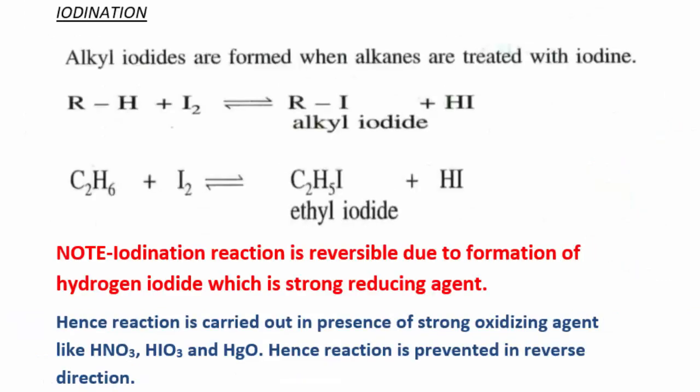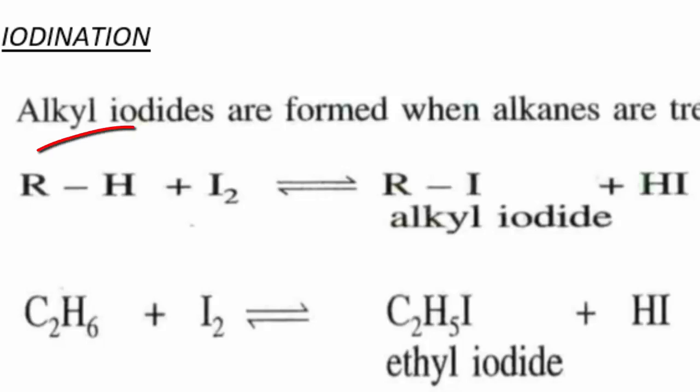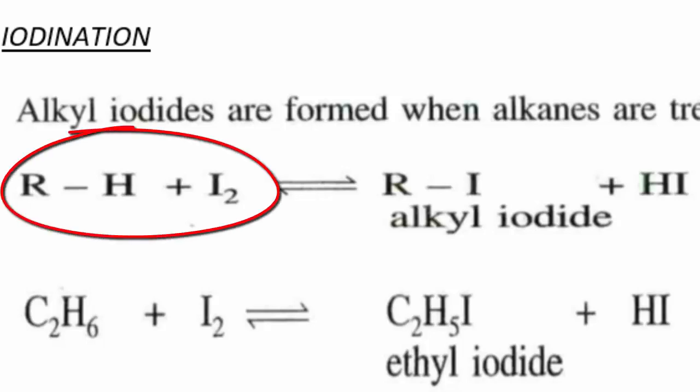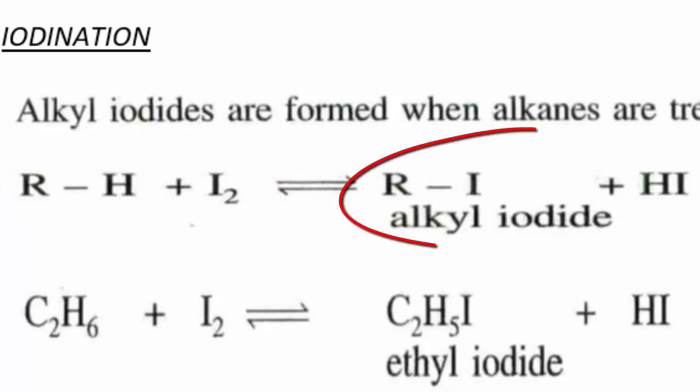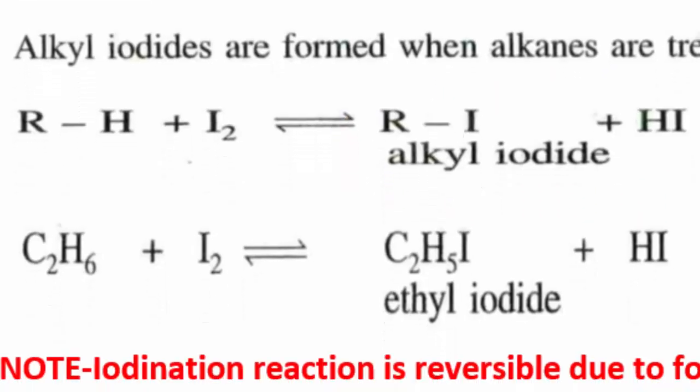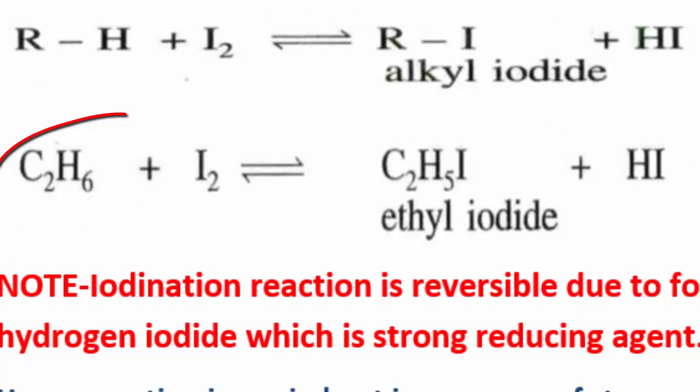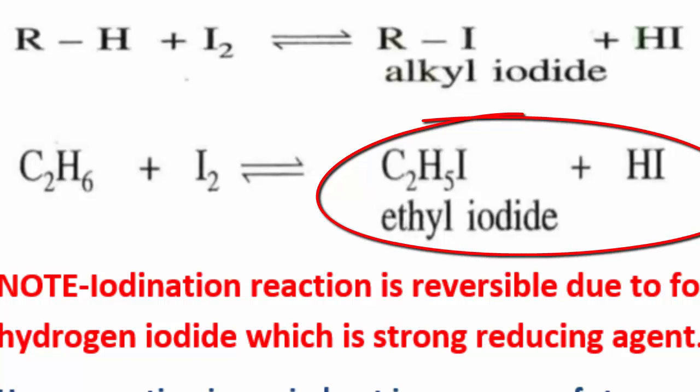Iodination of alkane. Observe the general reaction. In this reaction, when alkane is treated with iodine, it produces the product, that is alkyl iodide, along with the formation of hydrogen iodide. Let us take the example of ethane. So when ethane reacts with iodine, it produces the product ethyl iodide with the formation of hydrogen iodide as a side product.